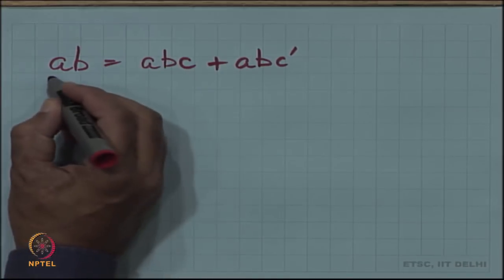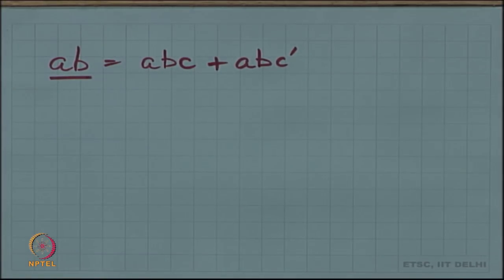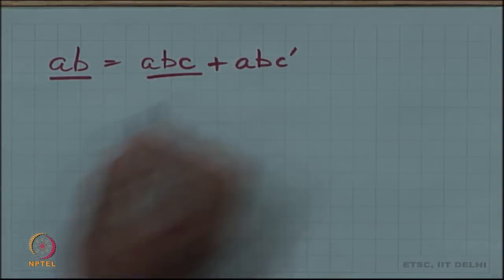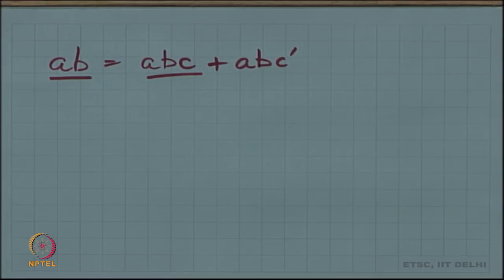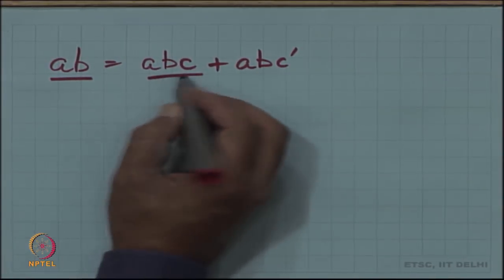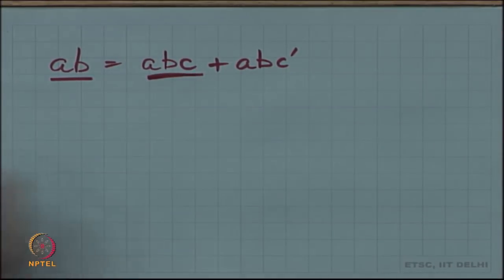AB corresponds to 2 vertices in that Boolean space, and ABC corresponds to 1 vertex. The intersection of these two would be that vertex. So, that is what the intersection essentially is, the set of vertices that are common between the two cubes.